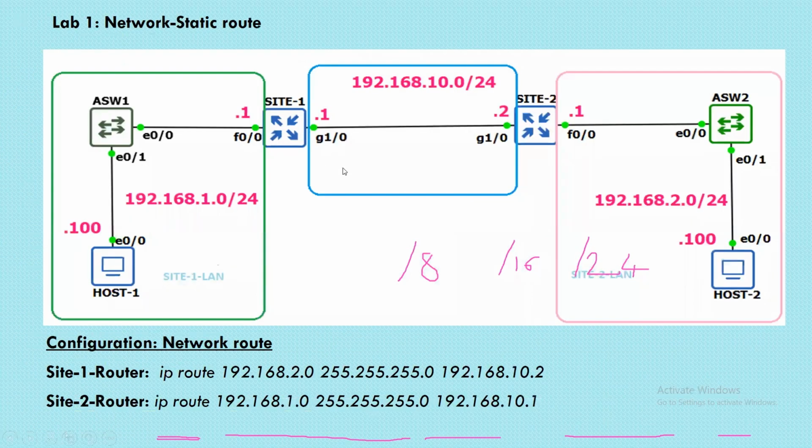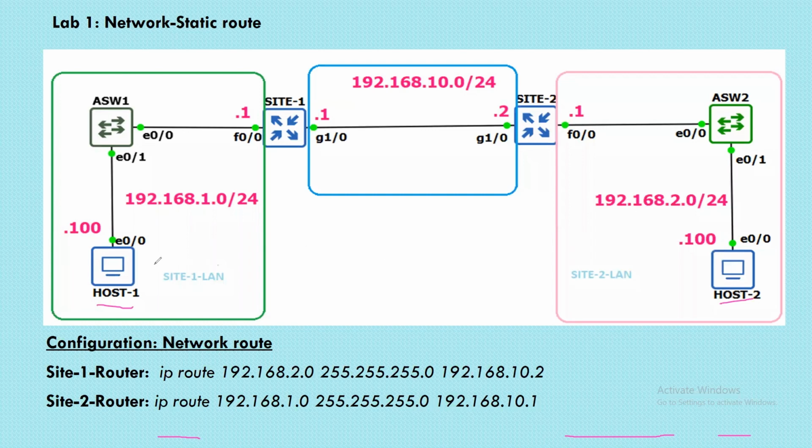Okay, this is lab 1. For lab 1, we have this topology diagram, and we have host 1 and host 2.